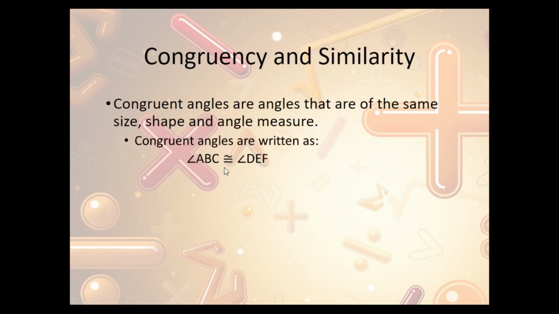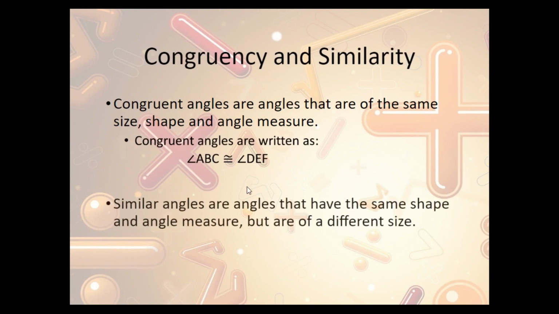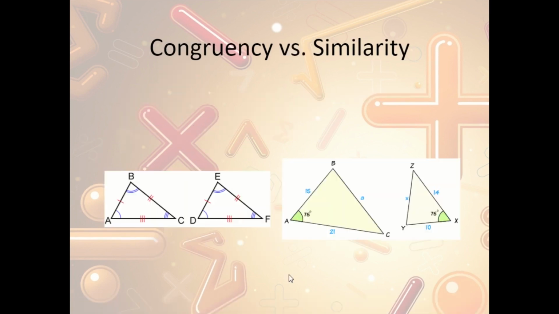Again, the congruent symbol is the squiggly over the equal sign. Now, similar angles have the same shape and angle measure but are of different size, so they have different lengths. And we would say that angle ABC is similar to angle DEF, and the symbol for similar is the double squiggly.